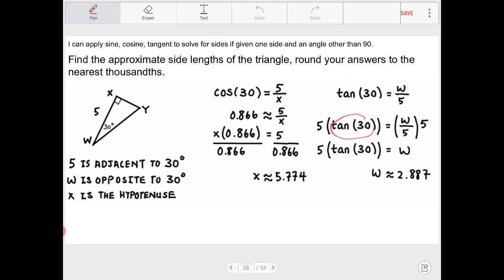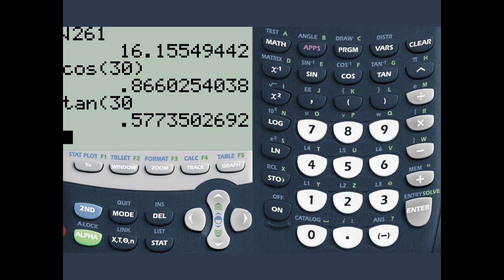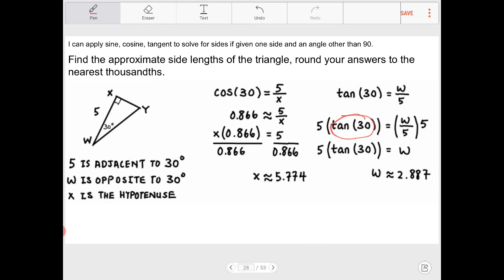So again, I replace tangent of 30 with 0.5773, and I punch that in, and I will end up with 2.887. So actually, you can do this all in one step like I did here when I made the slides, okay? You do not have to copy down the decimal values. You can just enter everything all at once, too.